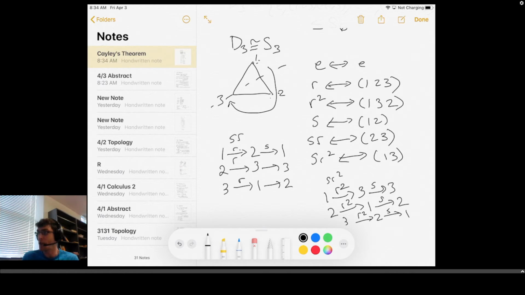So essentially we have these two different natural ways to look at D3, and my main point here, and why Cayley's theorem is useful and why the Cayley table is useful, is that we don't always have this natural action, right? Some of them you do. You can think of V4 as acting on a square because you have the horizontal reflection and the vertical reflection.